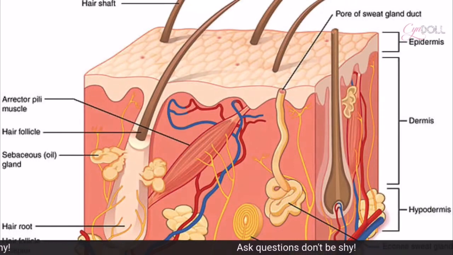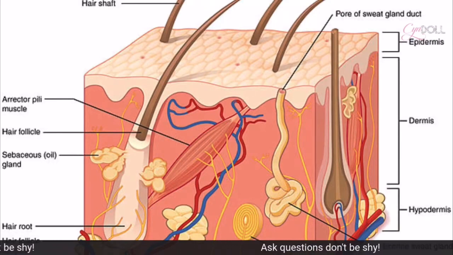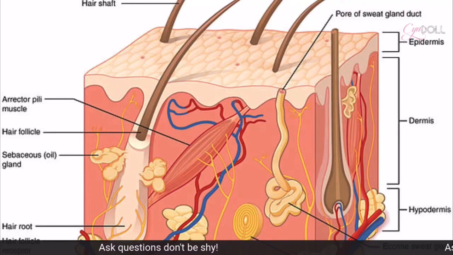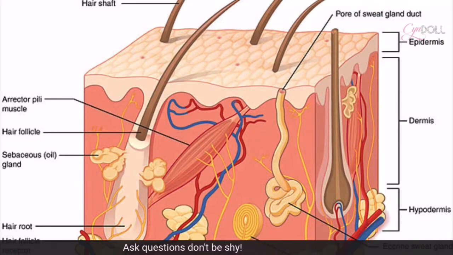But what you really need to be paying attention to, look at, you see these blood vessels right here? Give me a 5 real quick if you see these blood vessels, the red line and the blue line. So right here, this is the connection of your blood supply and your hair's follicle.